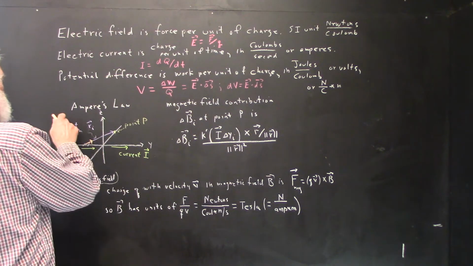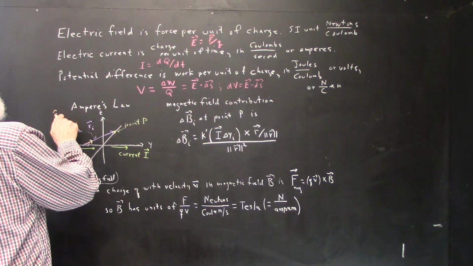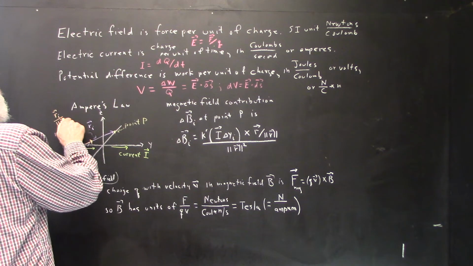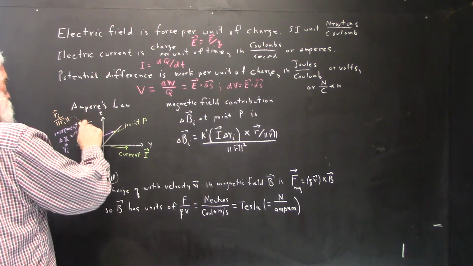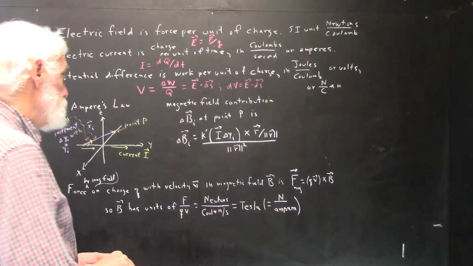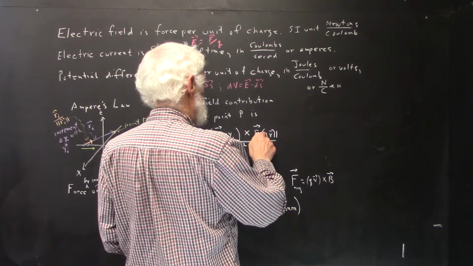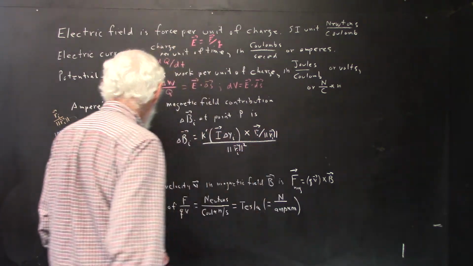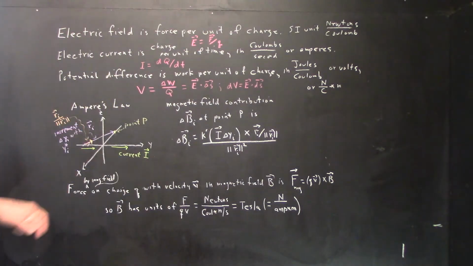I don't have a good place to label it because I wasn't anticipating doing that. And of course we should put a subscript on R since we've got a subscript on R.